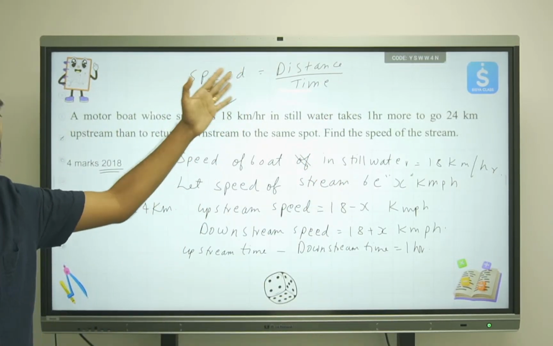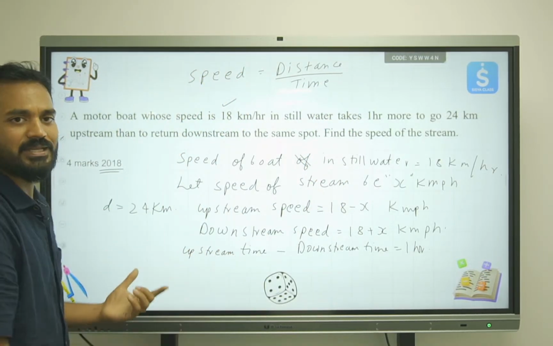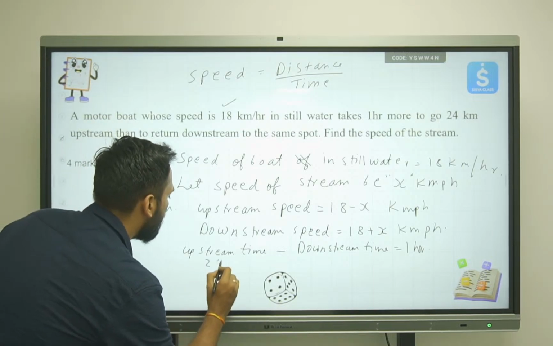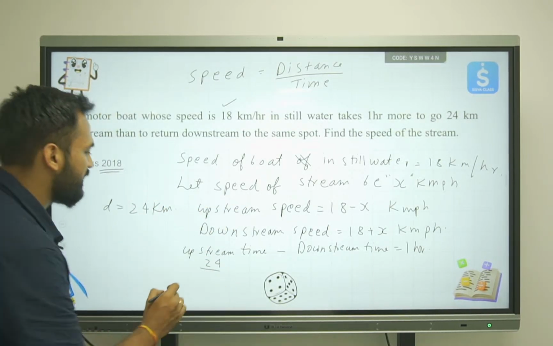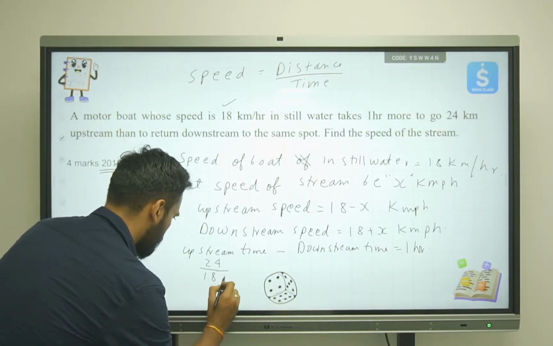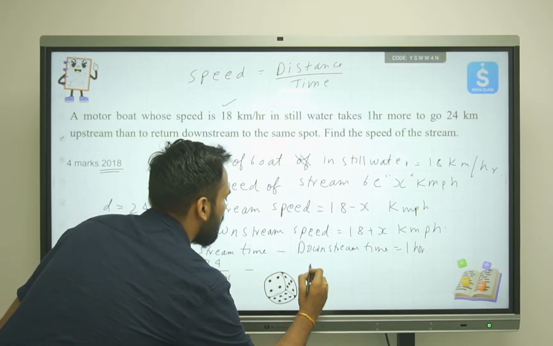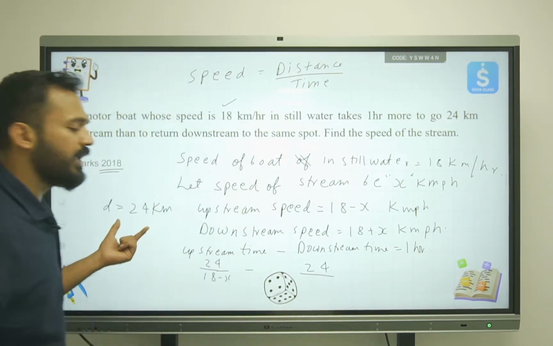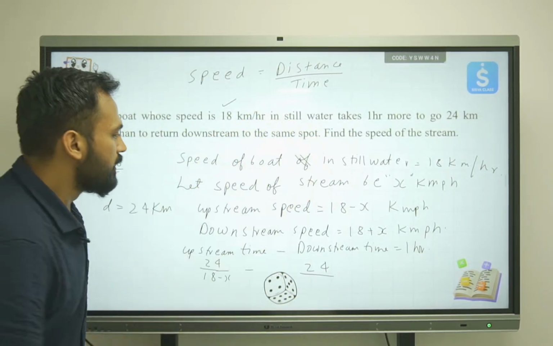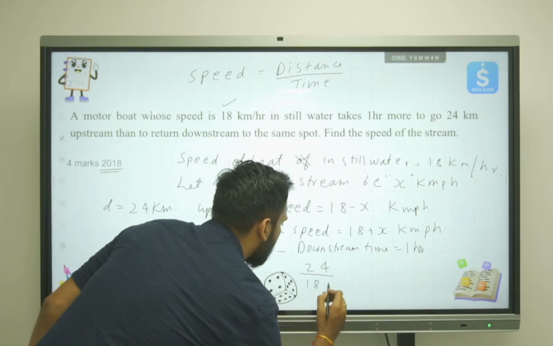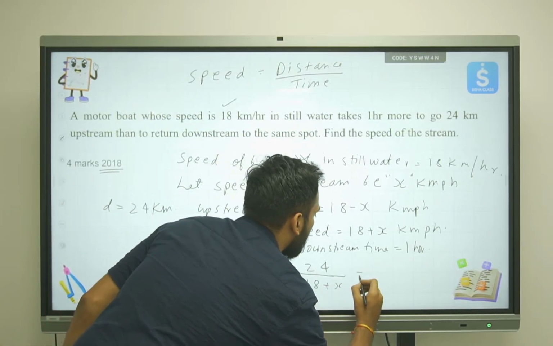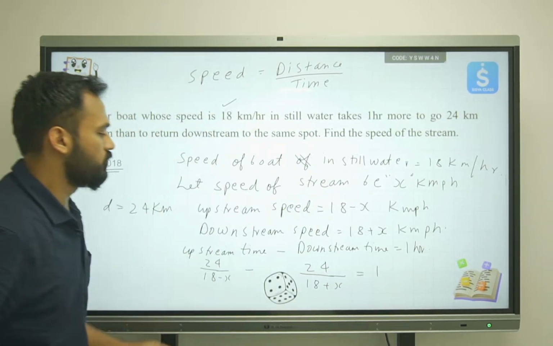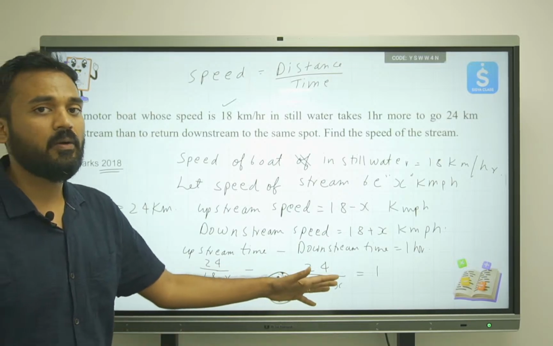So upstream the distance is 24 km, the speed upstream is 18 minus x, minus downstream the distance again 24 km only, the speed is 18 plus x, is equal to 1.